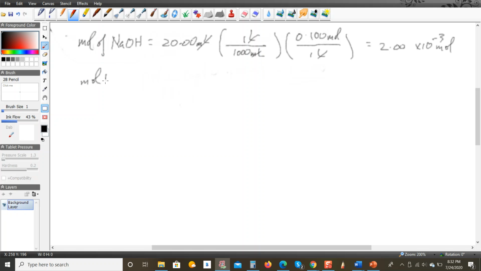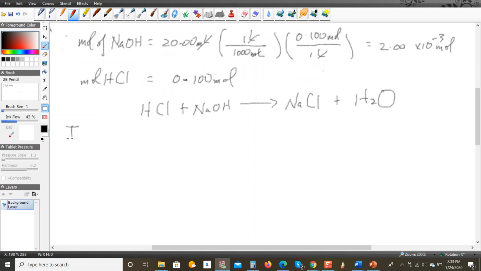And as far as the moles of HCl is concerned, that was given earlier. That was given as being equal to 0.100 moles, all right? So no calculation was needed to do that part. All right, so the next part is I'm going to write down the balanced equation for the reaction. And then I'm going to do an ICE table, initial, change and end of reaction.